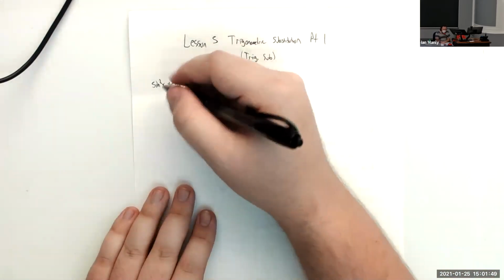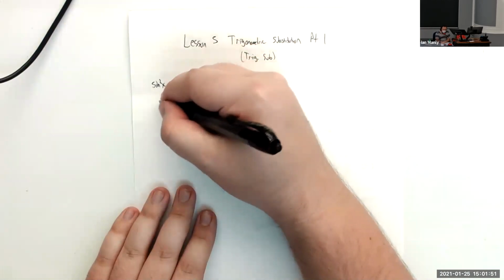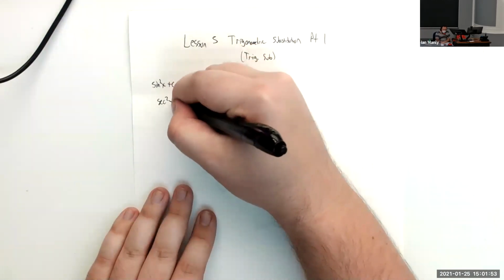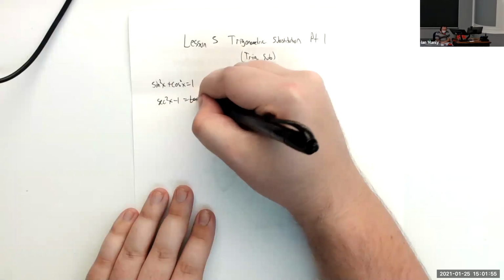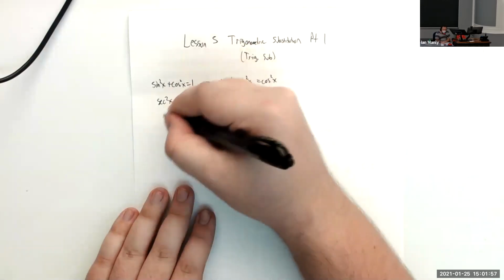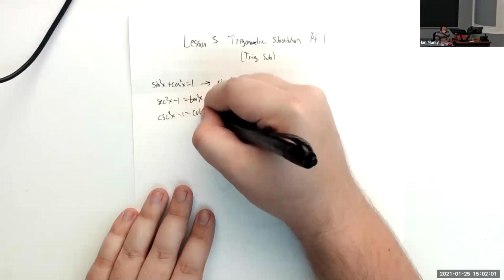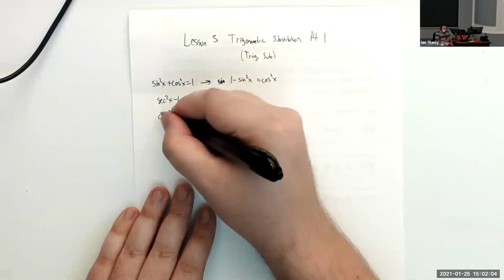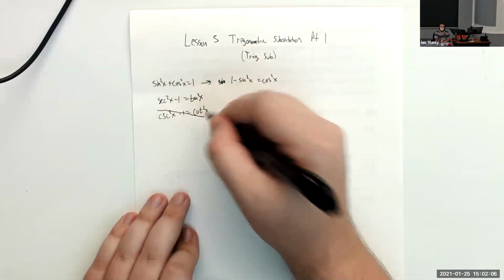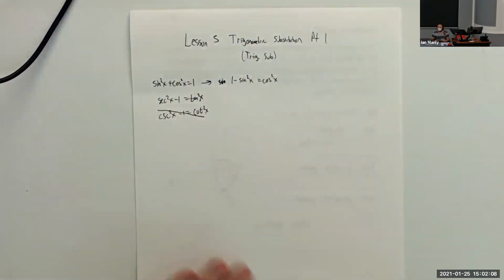The other ones we had were secant squared minus 1 is tangent squared. And then we also had the cosecant version as well. We're really not going to be using this one too much, so don't worry if you're a little bit confused at the end of last time. We're not really going to do too many cosecant integrals right here.